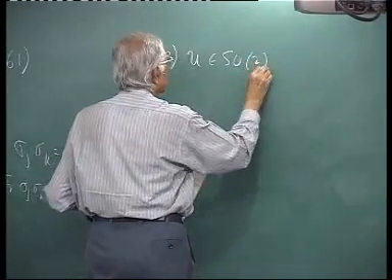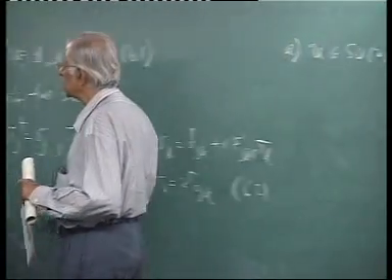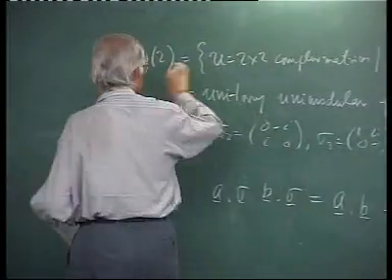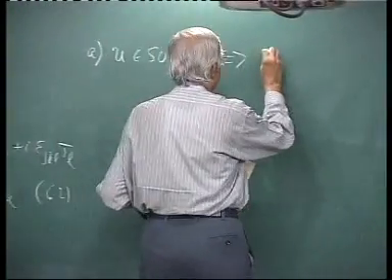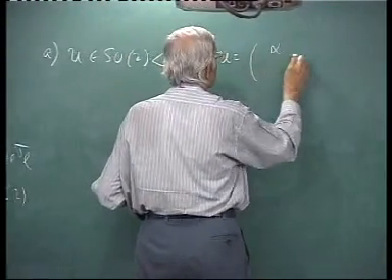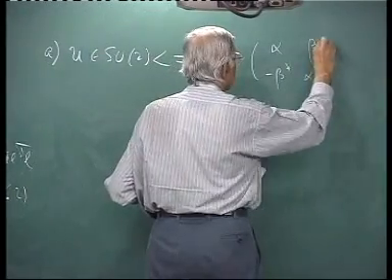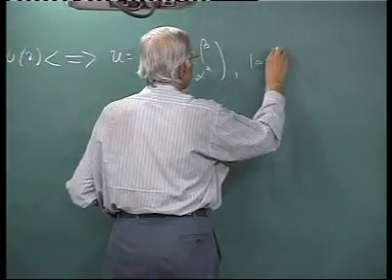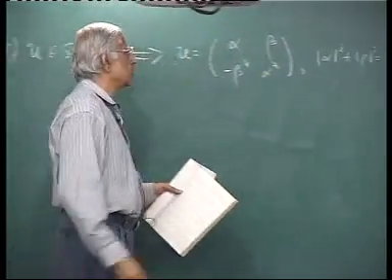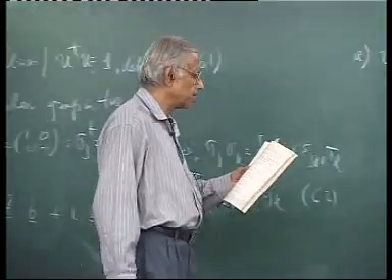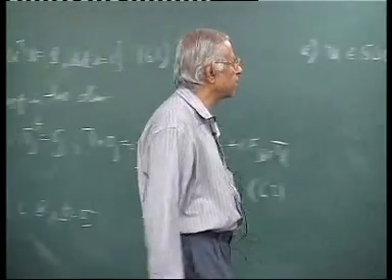I want you to prove the following. A matrix of the defining representation of SU2 can always be written uniquely in the following way, in terms of two complex numbers, alpha and beta, obeying the condition mod alpha squared plus mod beta squared equal to 1.